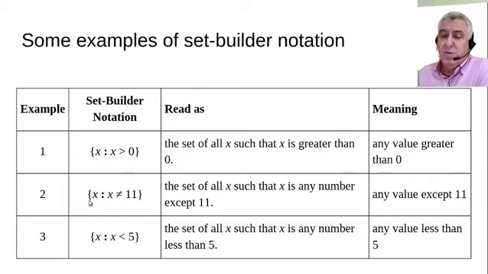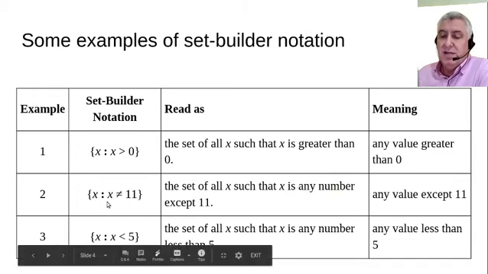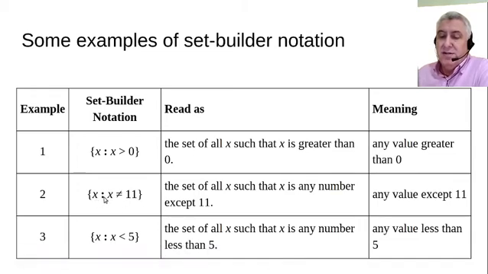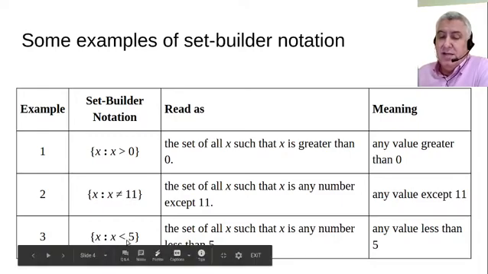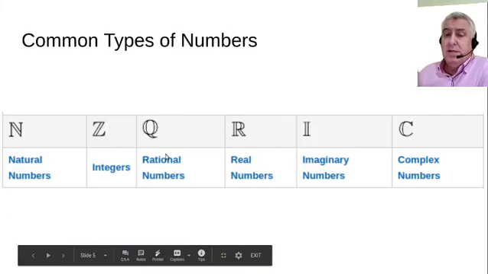And we can look at this one: the set of all x such that x is not equal to 11. That's how we read that. And the set of all x such that x is less than 5. So those are some examples of how we do it.